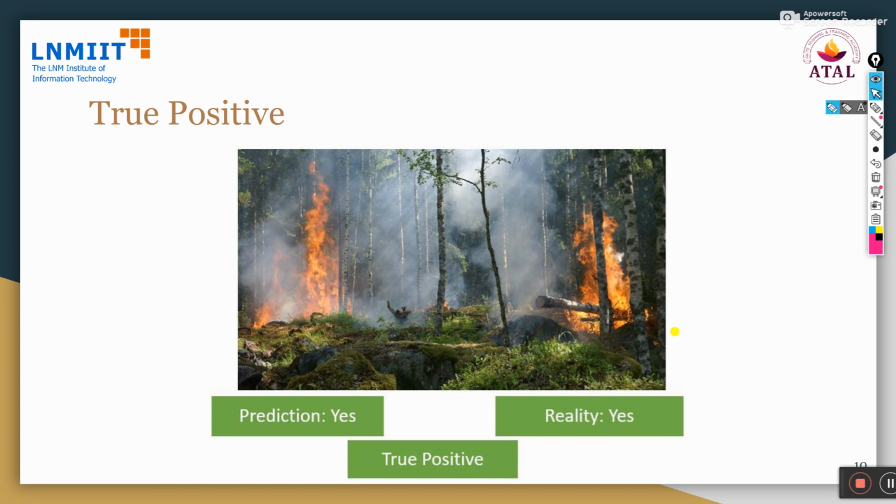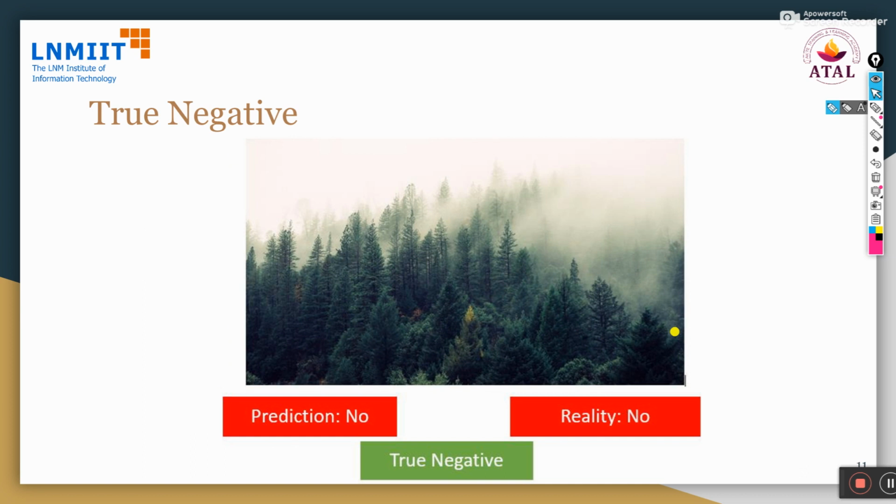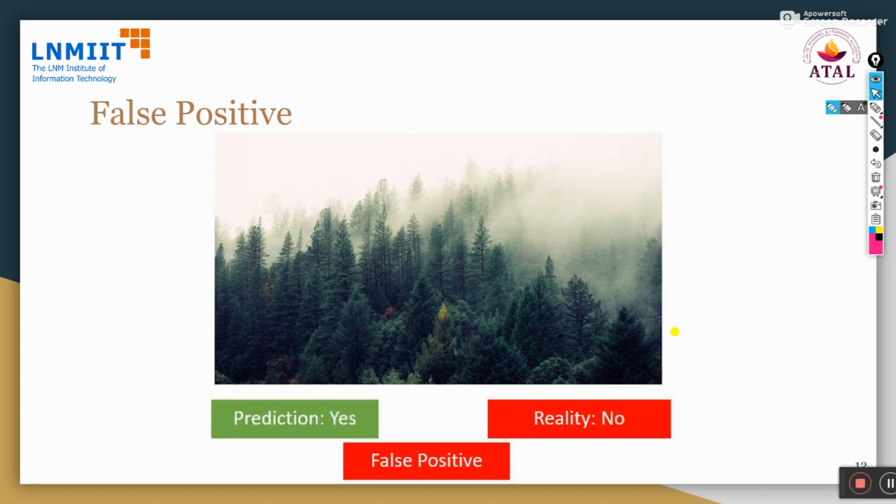If there is an actual fire on the ground in reality, and my model is also predicting that event correctly, I will say that condition is true positive. In the reverse order, if my prediction is no and reality is also negative, then I will say it is true negative. In both cases my system is predicting correctly.